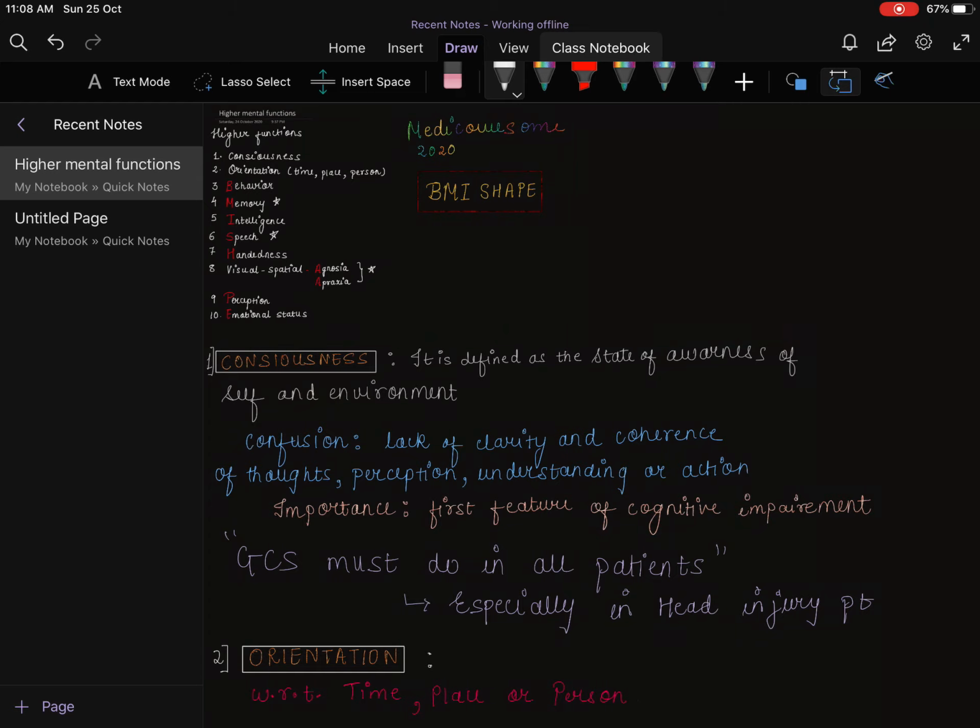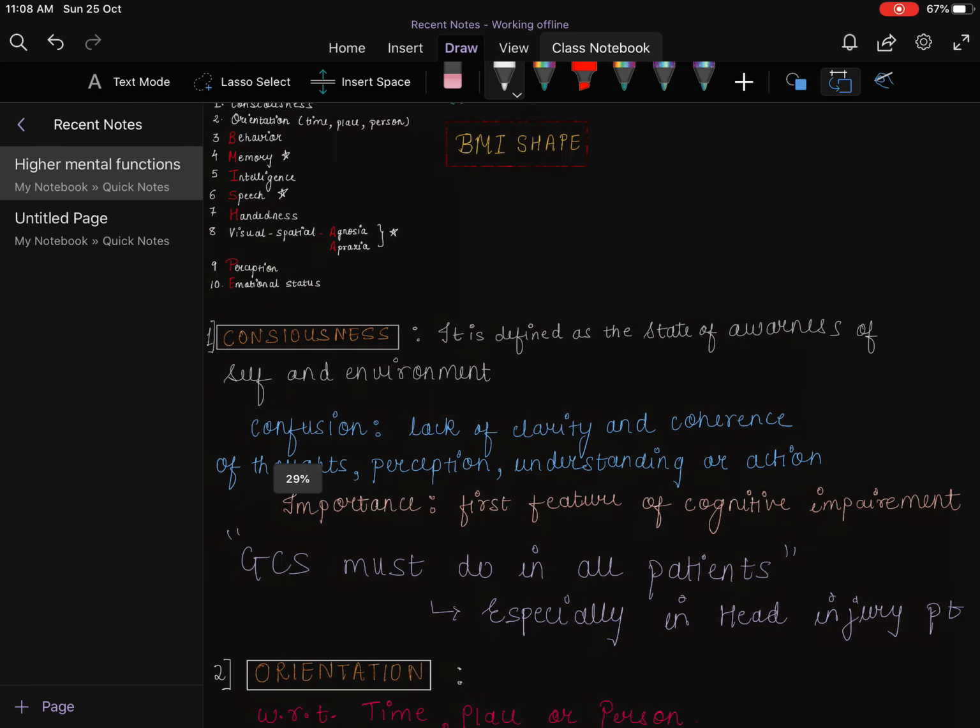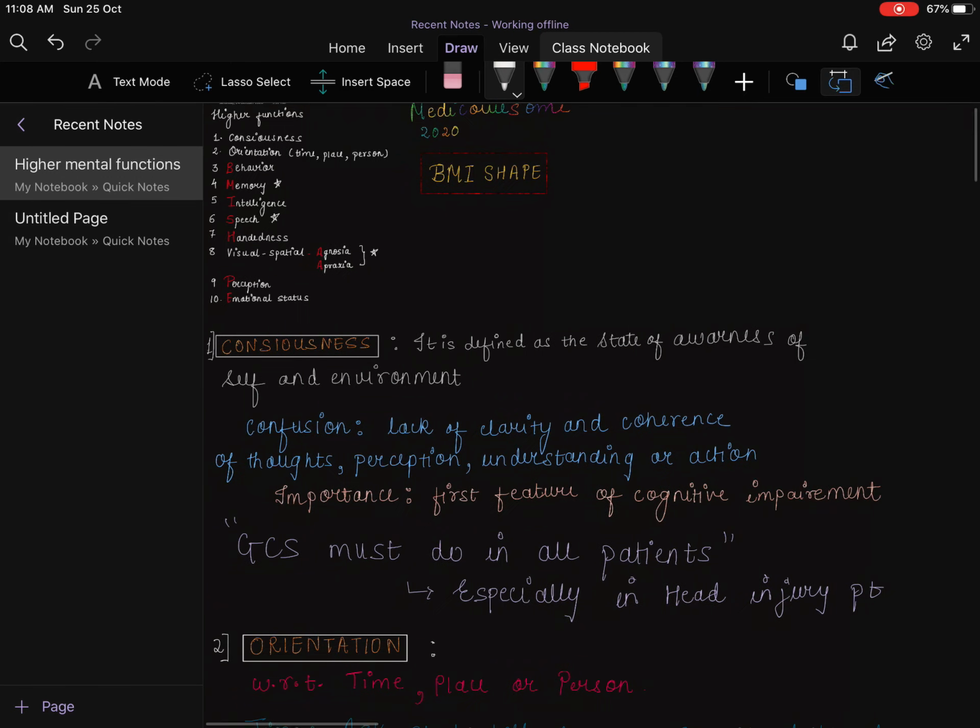After this, we come to the next part, which is confusion. Confusion is lack of clarity and coherence. Coherence is being logical and consistent in logic. So, lack of clarity and coherence of thought, perception, understanding, or action.